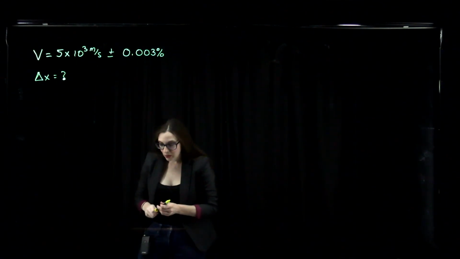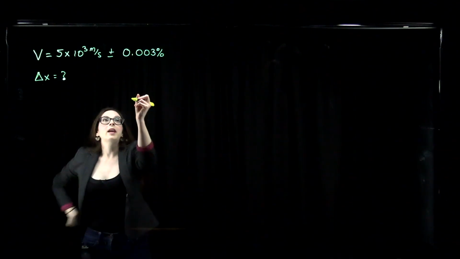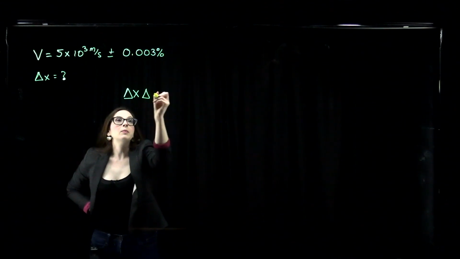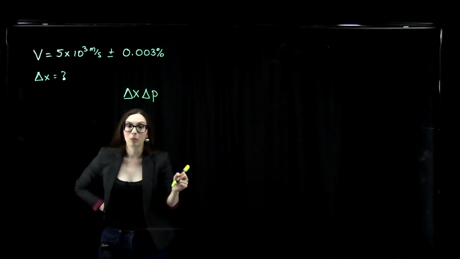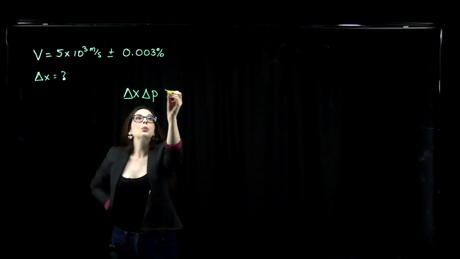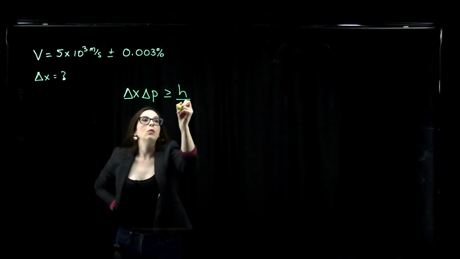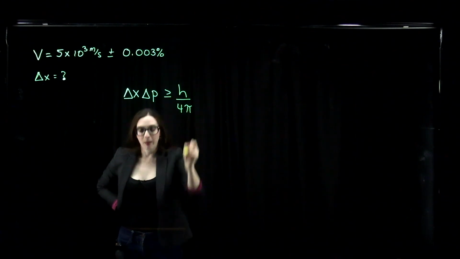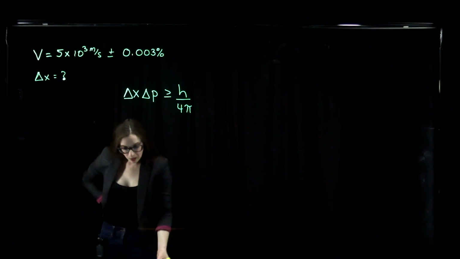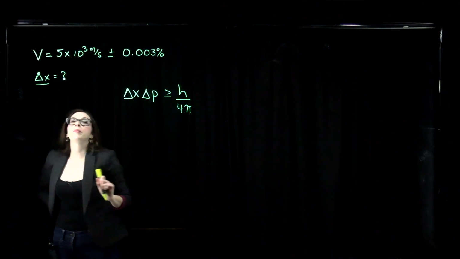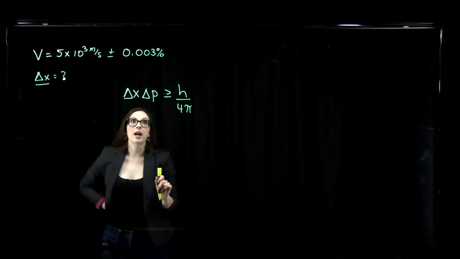And the Heisenberg uncertainty principle says that our uncertainty on the position times our uncertainty on the momentum is greater than or equal to Planck's constant over 4 pi. We want to find the minimum uncertainty on the position, and that's delta x here. So I need to solve this equation for delta x.